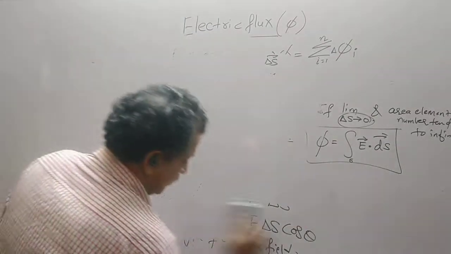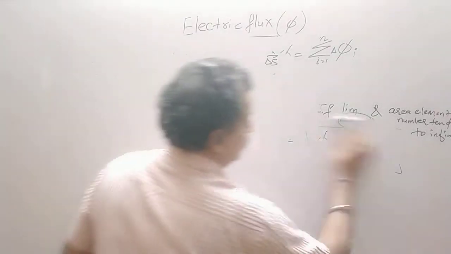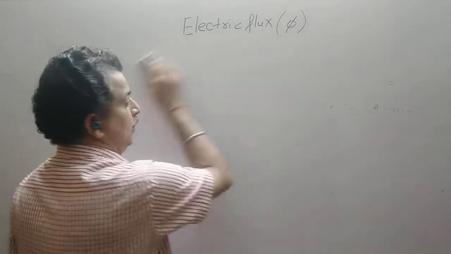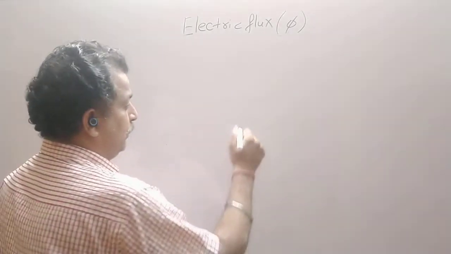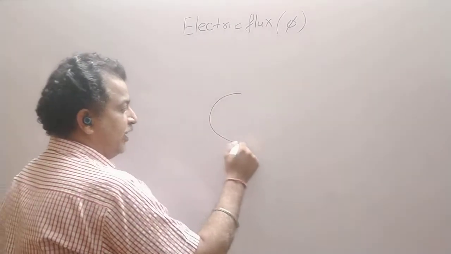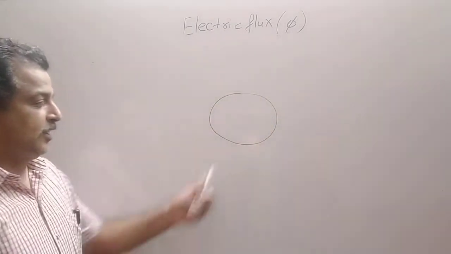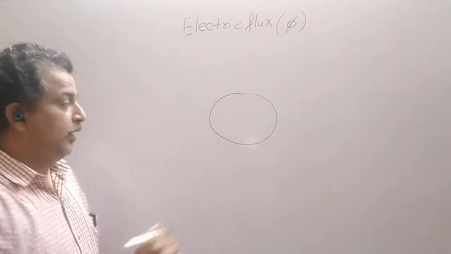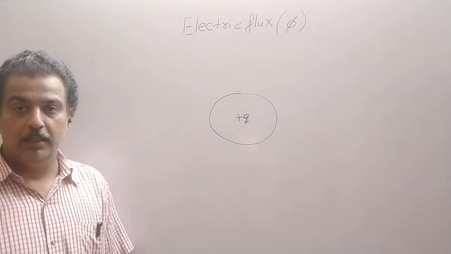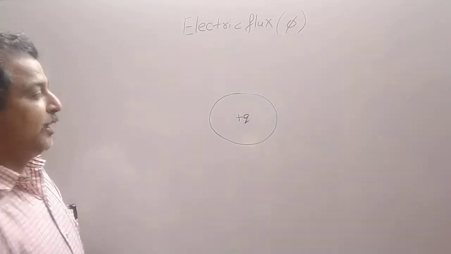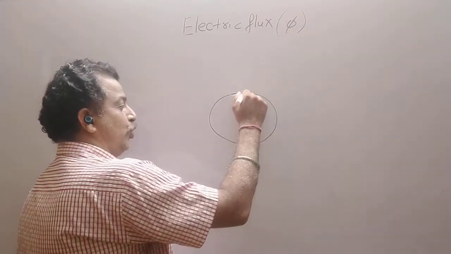Now let us consider a closed surface. Now when I say a closed surface, it should be a three-dimensional figure. So if I consider one sphere, let us consider this is a hollow sphere and plus q charge enclosed in it. So if you remember, the electric field lines were drawn like this.